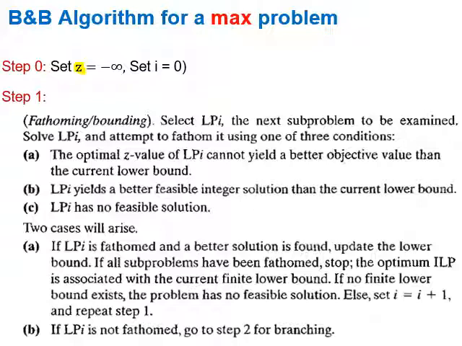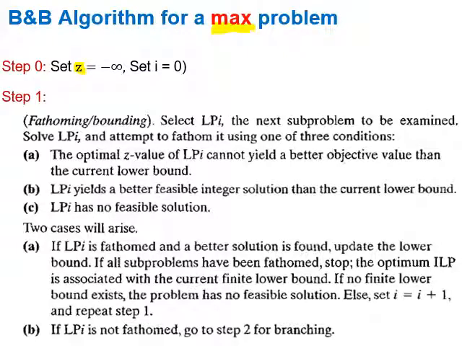So whenever I say z, you should understand that it's the objective function value. Initially, since we don't know any integer solution yet, we set its value to minus infinity. It's minus infinity because this is a maximization problem.